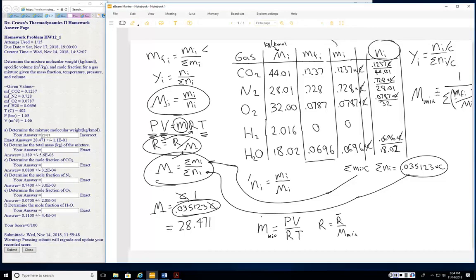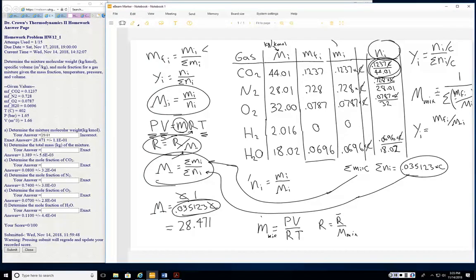And so ultimately then I have yi equals, and remember this first term here was the mass fraction i divided by the molecular weight. So I have MFi over Mi. That's what this first term here was, of course, with the C in it, but the C didn't matter because it's in the numerator and the denominator.